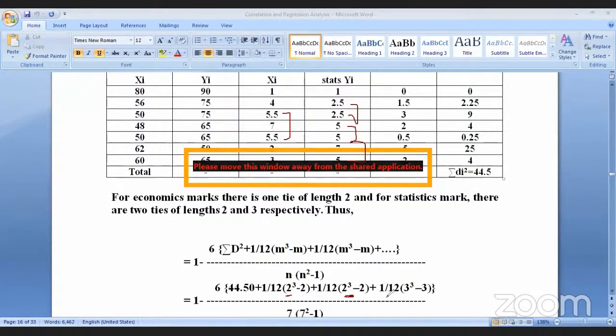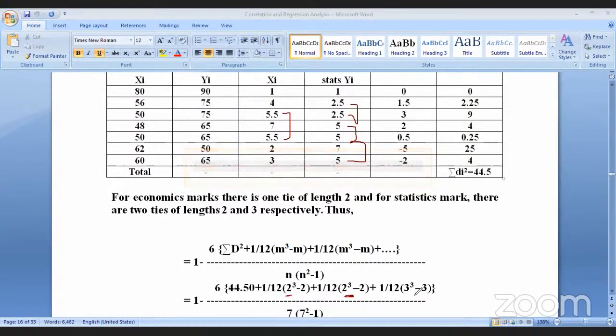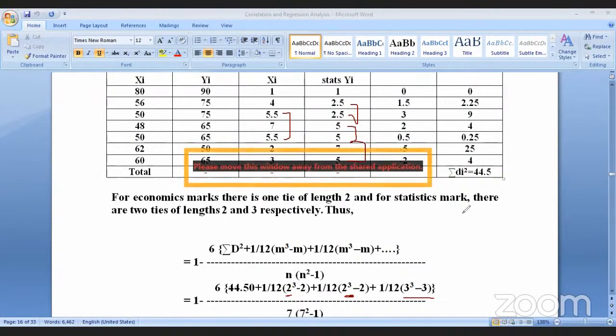Then in the third case, that is 3 cube. Why have we written 3? Here 5 is repeated, this number 5 is repeated 3 times. That is the reason we have written 3 cube minus 3, divided by n into n square minus 1. Any doubt in this?